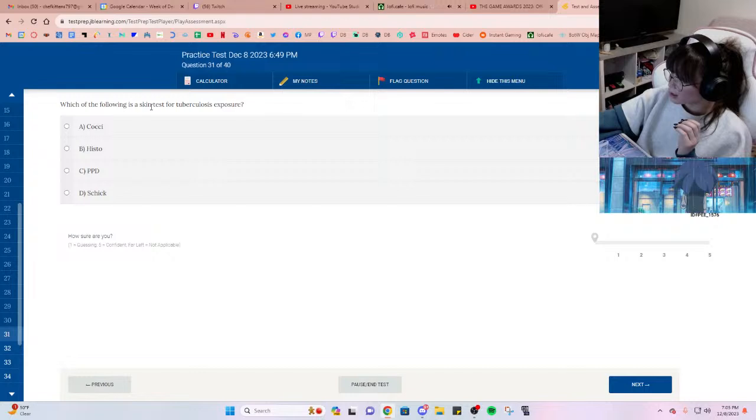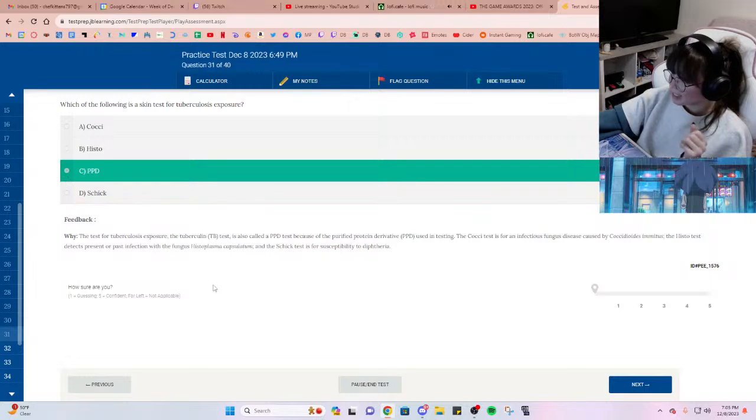Which of the following is a skin test for tuberculosis exposure? PPD? I don't know. Yay! I guessed right. The test for tuberculosis exposure, the tuberculin test, is also called a PPD test, or TB test, because of the purified protein derivative used in testing.